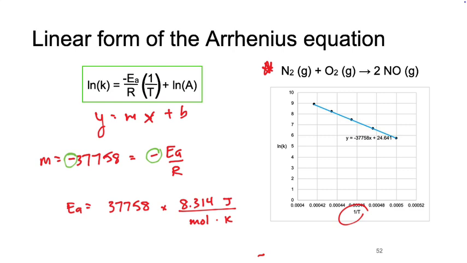No, so what do we do? Convert it to kilojoules. 1,000 joules is 1 kilojoule. So I can divide it by 1,000, and I now get a cleaner number. And I have my activation energy. So cool. That's awesome given this plot. I now just pull that data straight off and I know my activation energy. Sweet. What else could I do?